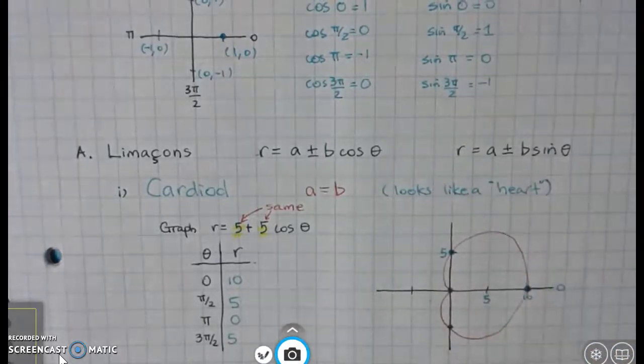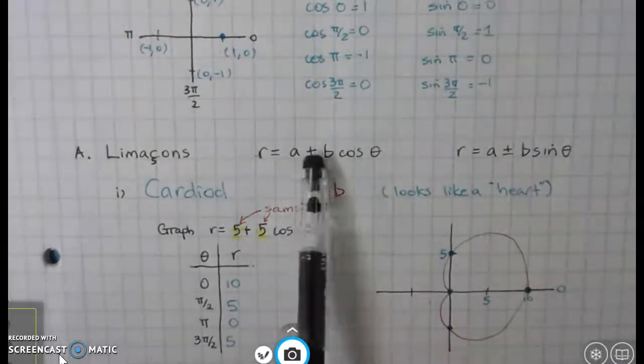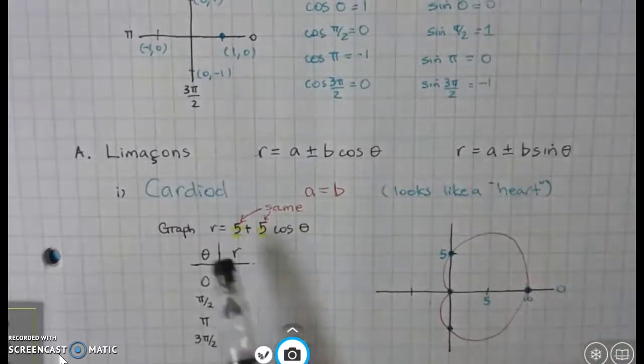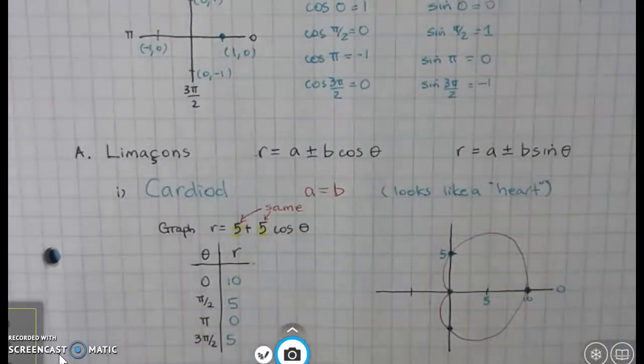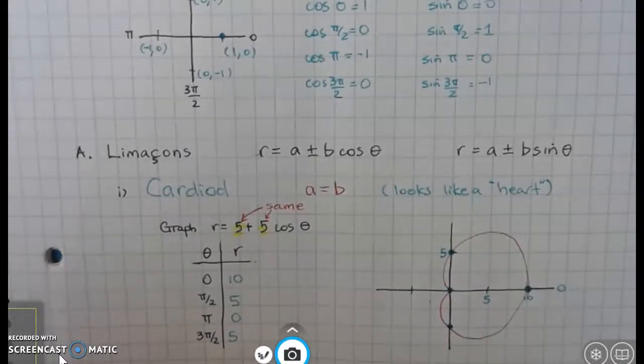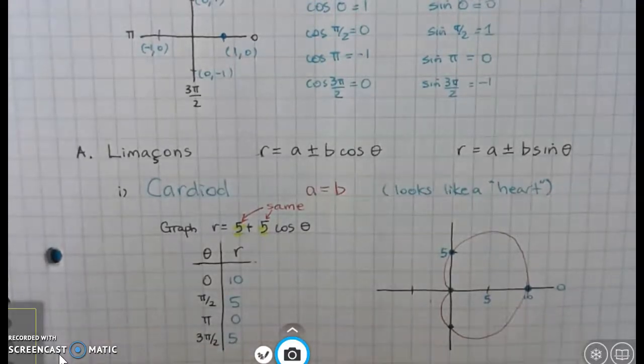Okay, all right, so that's the first shape. But I am going to talk about what happens if it was A minus B. So say if I was to graph r is equal to 5 plus 5 cosine of theta, this is the one that we just graphed.